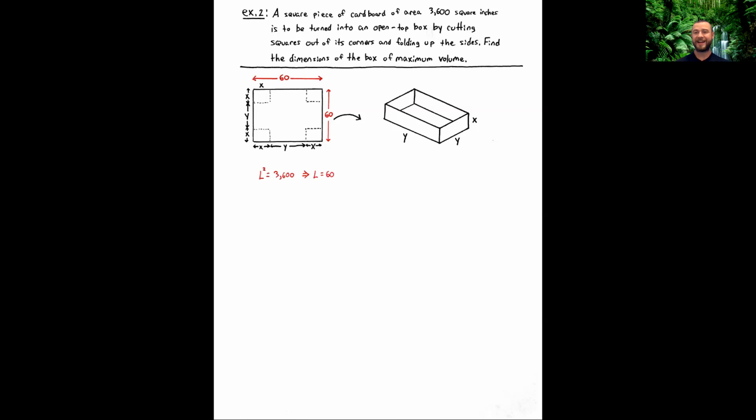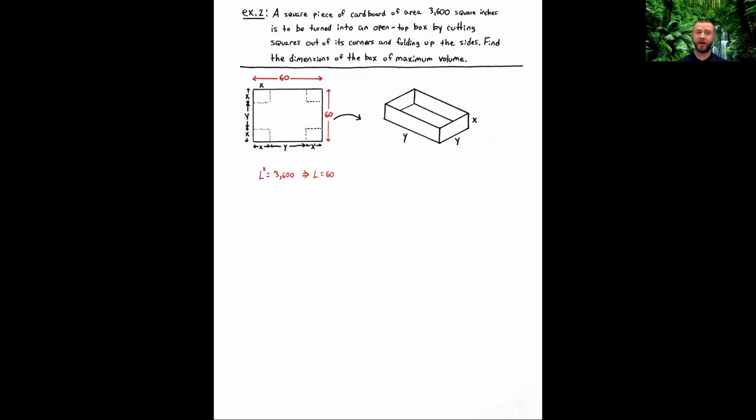This is our second step of assigning variables. All right, so the corner we're cutting out has side length x. There's a top corner and bottom corner, if you look at that left side there. What's left in between those corners that are cut out is this length that we're labeling y. And that would be the length of the flap or the side.